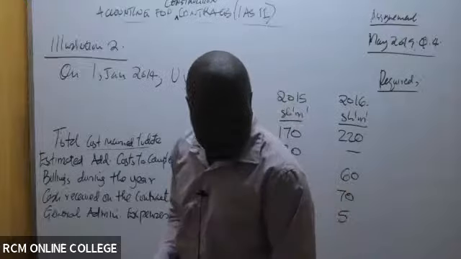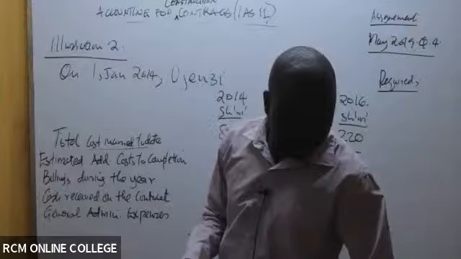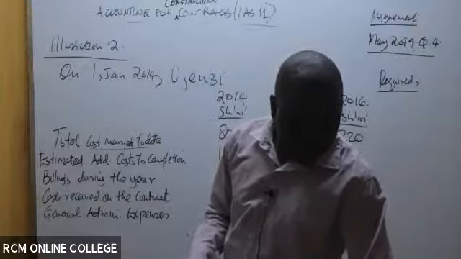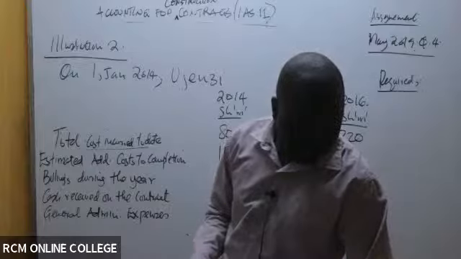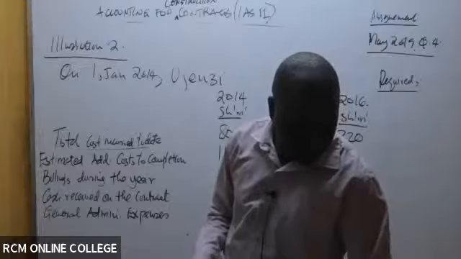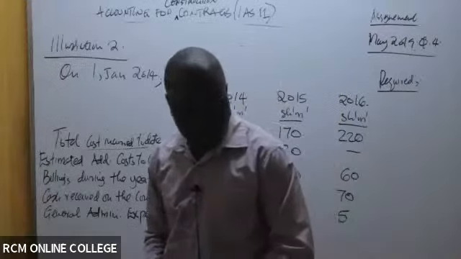Under topic number 1, what we have as computations is leases, then current and deferred tax. These are areas that I think are theory.